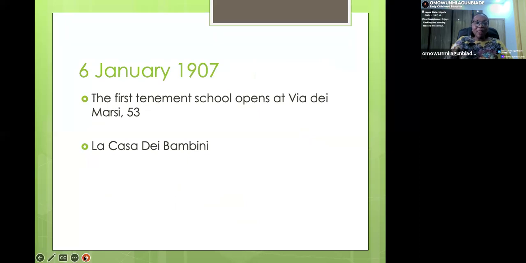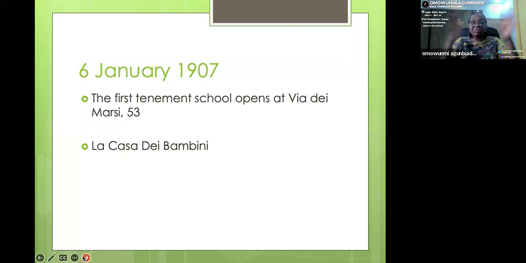Okay, now, of course, let me talk a bit about this. The Casa de Bambini was actually the first school that was opened after Maria Montessori's method started gaining ground. And she started in that building, that community that I talked about, where there were children of factory workers, and she would gather them.